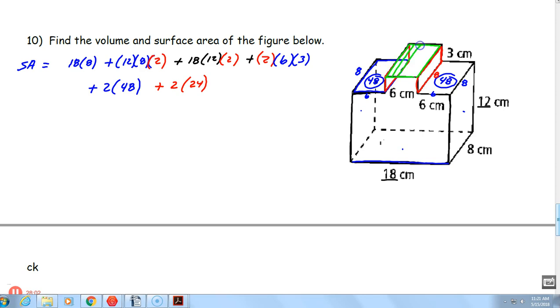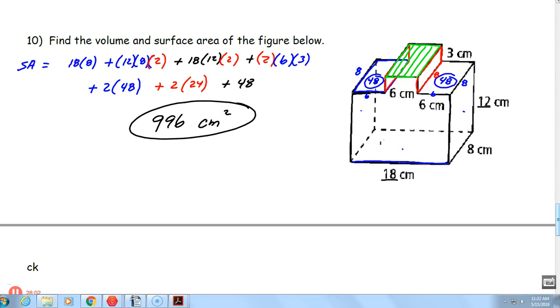Last but not least, that piece which is 6 by 8, which is another 48. Man, that's a lot to punch in your calculator. I think when I did all that, I had a grand total of 996 centimeters squared.